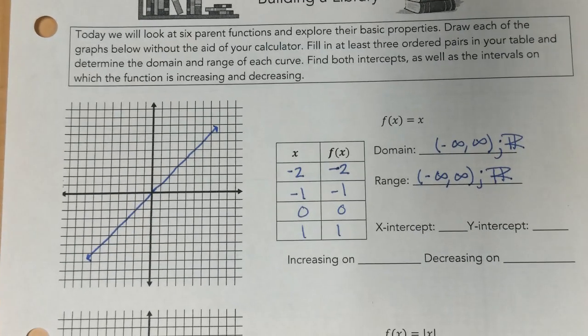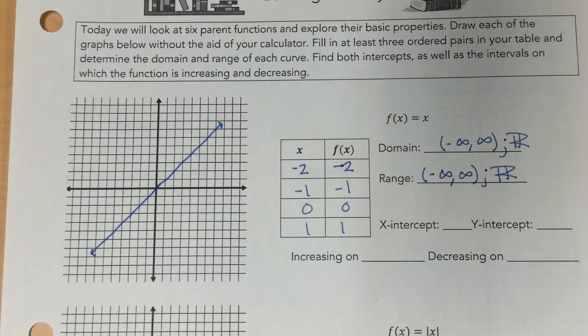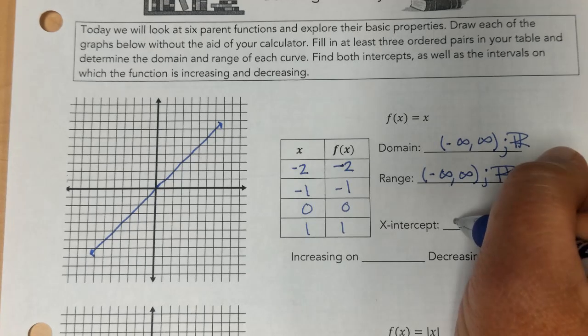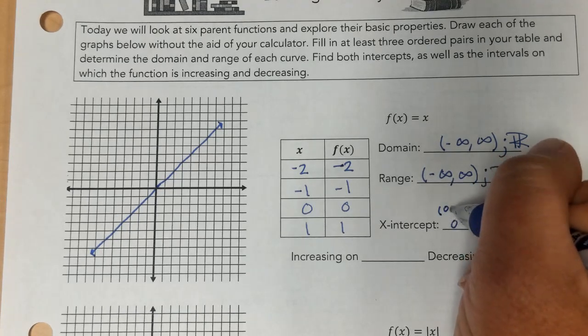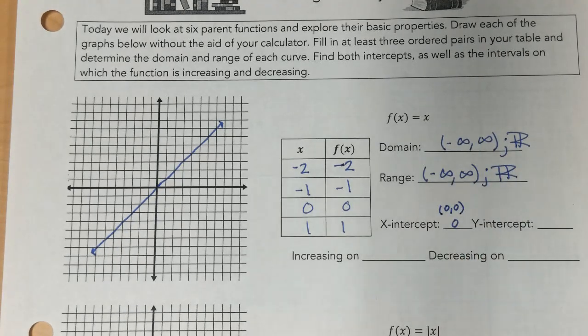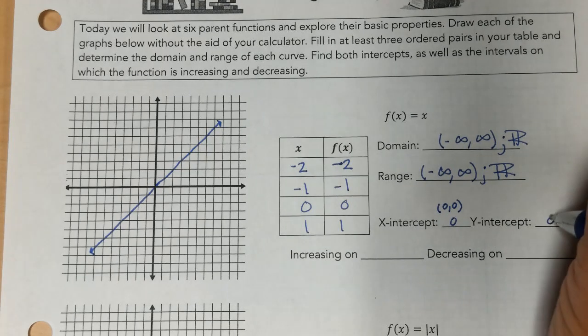My x-intercept is the origin. So you can either put 0 or you can label it as 0, 0 and actually give me the ordered pair. For y it's the same thing, right?